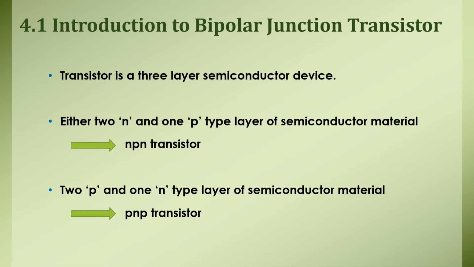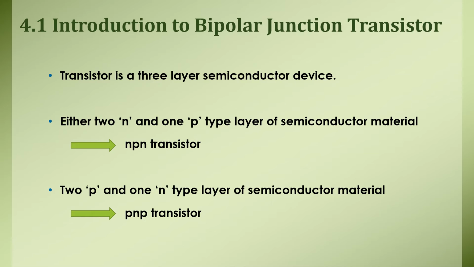Then the second possibility is that we can repeat the P-type semiconductor and the N-type semiconductor is sandwiched between the P-type semiconductors. Then such a construction is called a PNP transistor. Okay, got it?